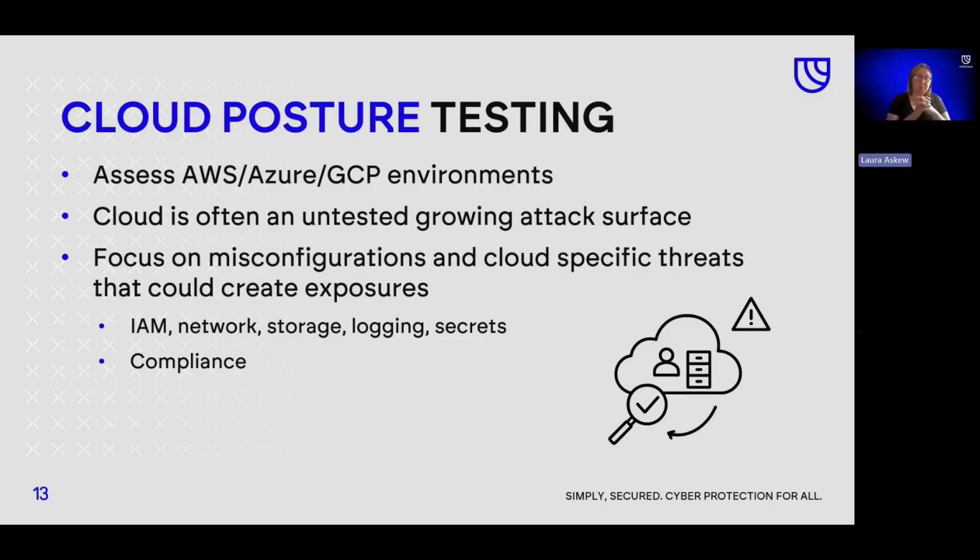Are you exposing secrets? Because that's your classic one that we see, right? The secrets are out on the web and somebody's picked them up. So, and again, good use case for this is compliance when you are running a framework. So that's very specific to the cloud. I think it's definitely worth doing if you haven't already had your cloud assessed.